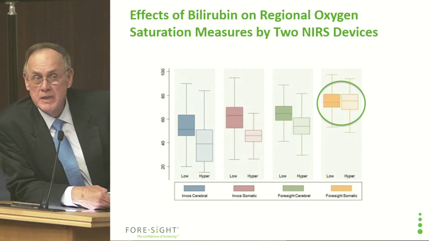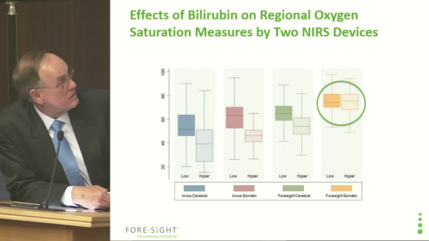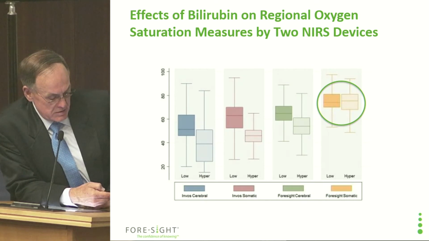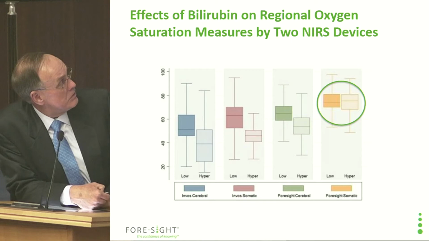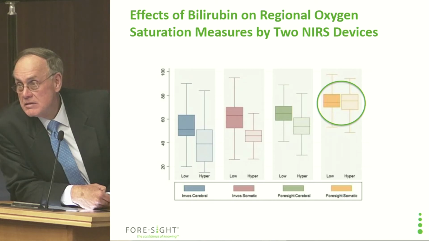Same situation with bilirubin. This was actually in pediatric patients, but it's also in the adult population as well. So again, here is INVOS, and you can see that for patients with normal bilirubin versus high bilirubin, the difference in the numbers is significant.